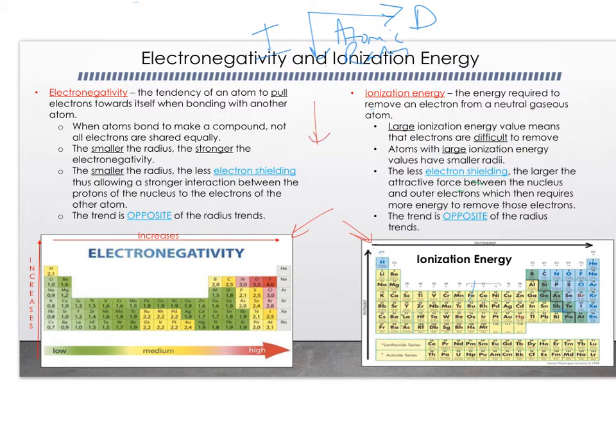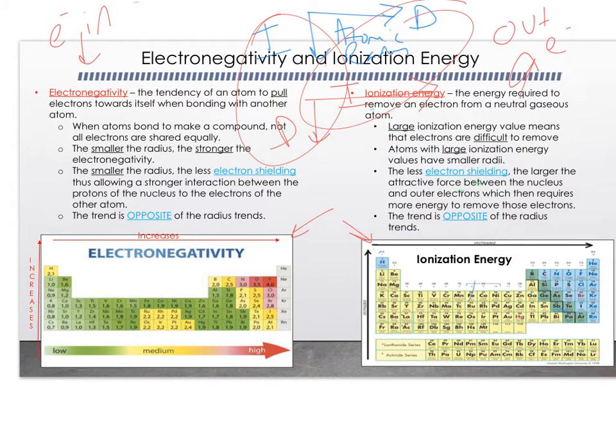As you go down, these both decrease, and as you go from left to right, they increase. So just recall the radius trends. Then you should be able to determine the electronegativity trend, which is pulling electrons in, and your ionization energy trend, which is taking electrons out of that outer shell, and they're opposite of each other.